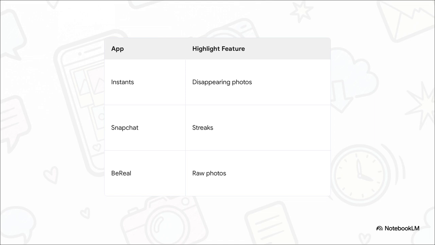The community largely feels that Instagram is taking some heavy inspiration here. By focusing on private, authentic sharing that vanishes, they're trying to recapture the magic of just being yourself online. They've seen how much users absolutely love the low-stakes, high-authenticity vibe of BeReal and Snapchat. And Instants is basically their engineered solution to keep you inside the Instagram ecosystem.